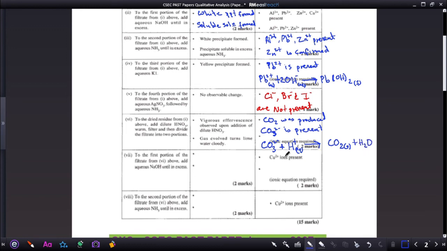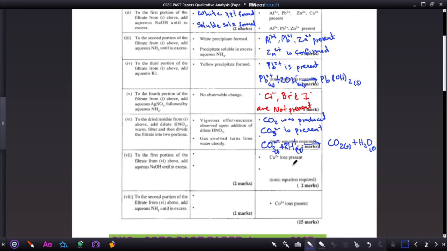Let's see if the equation requires any balancing. So we have 3 oxygen over here, so we need a 2 beside H plus right here to balance the equation. And the state symbol for water should be liquid, and they said that to the dried residue, so this should be a solid.